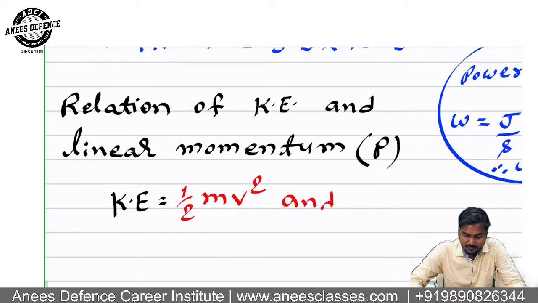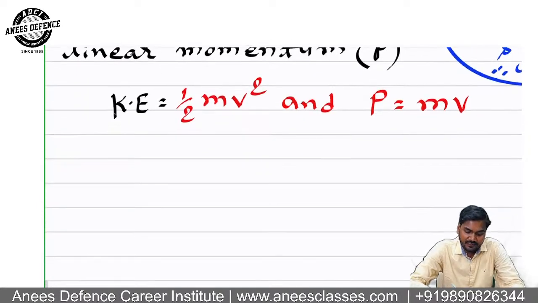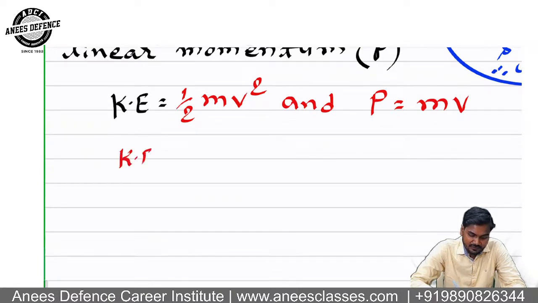And linear momentum is mass into velocity, means the product of mass and velocity is known as linear momentum. So we have kinetic energy is equal to half mv square.